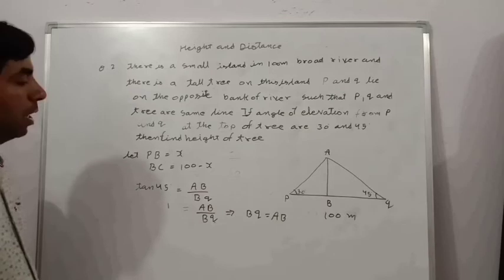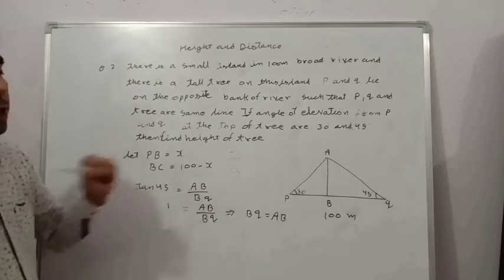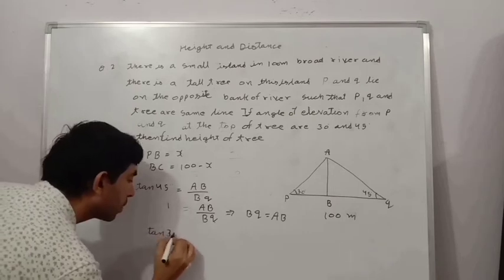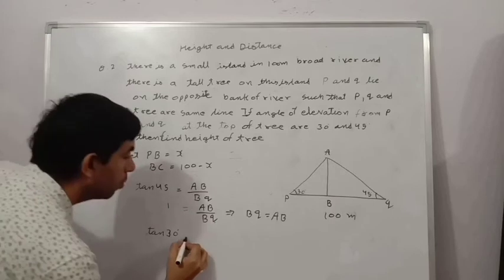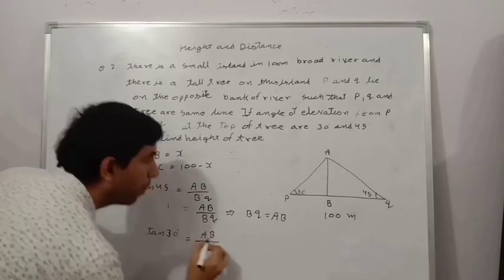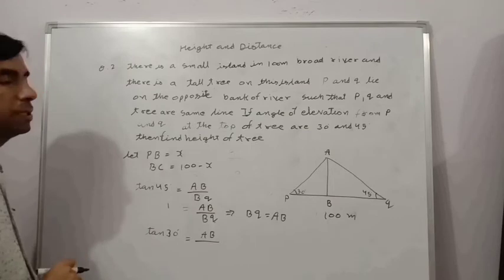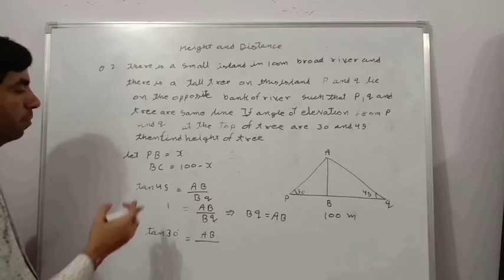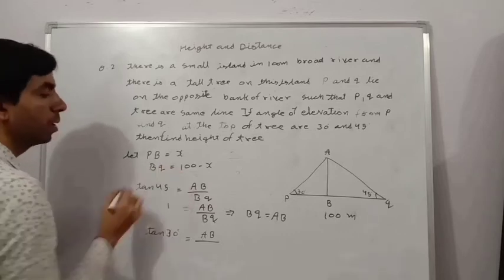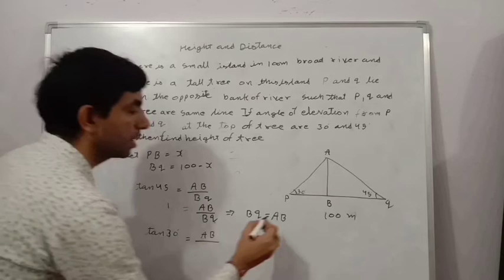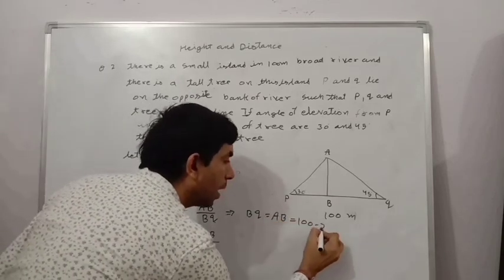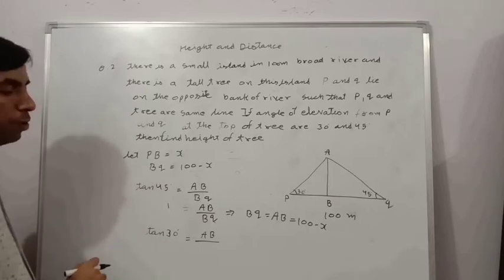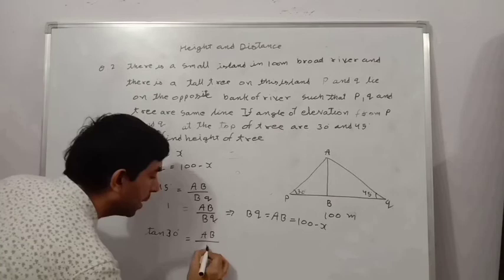Now we take the value of tan 30. We know that BQ is equal to 100 minus X, so AB is also 100 minus X. So write the value of tan 30. tan 30 is equal to AB upon PB.